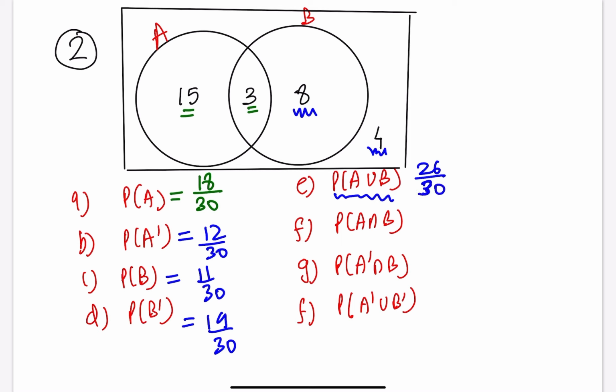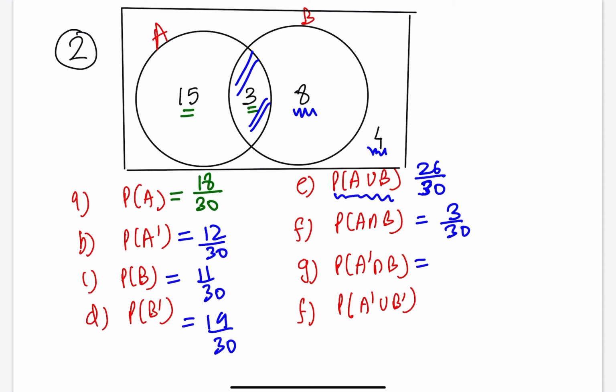Probability of A intersection B. Intersection means the ones which are common in both, and that's going to be 3 divided by 30. Again, we will reduce and simplify the fraction. Probability of A prime intersection B. A prime intersection B means the elements common between B and A prime.